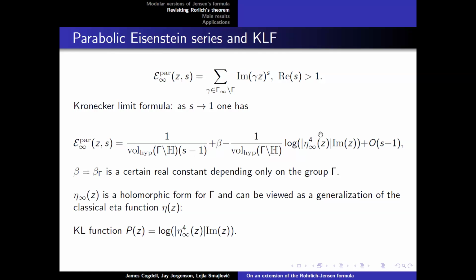And this function, eta infinity, is a holomorphic form which can be viewed as a generalization of the classical eta function. And then this function, the logarithm of eta infinity to the power 4 times the imaginary part of z, is again called the Kronecker limit function.